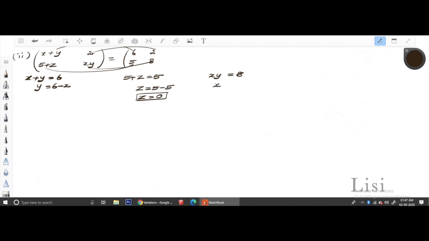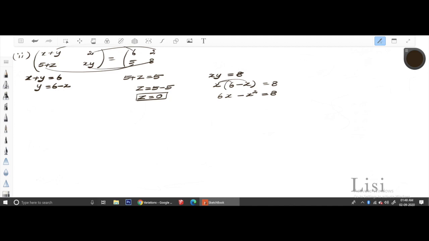In the place of x you put x and in the place of y you give 6 minus x. Right? That is equal to 8. And now you multiply this x inside. So what happens? 6x minus x square is equal to 8.